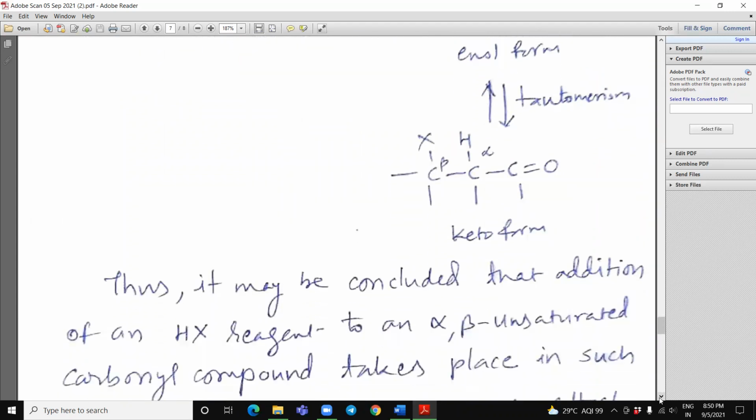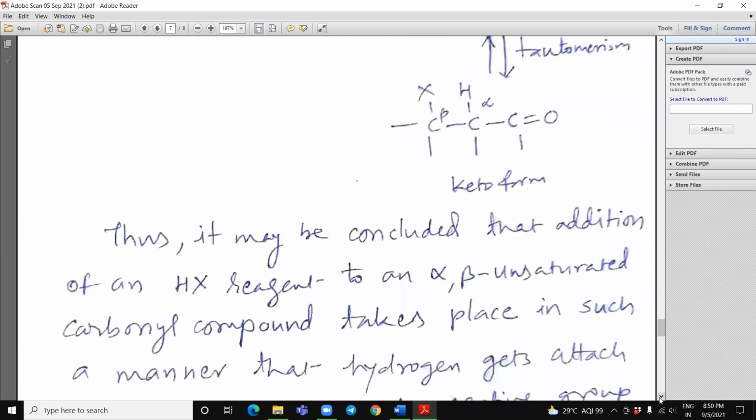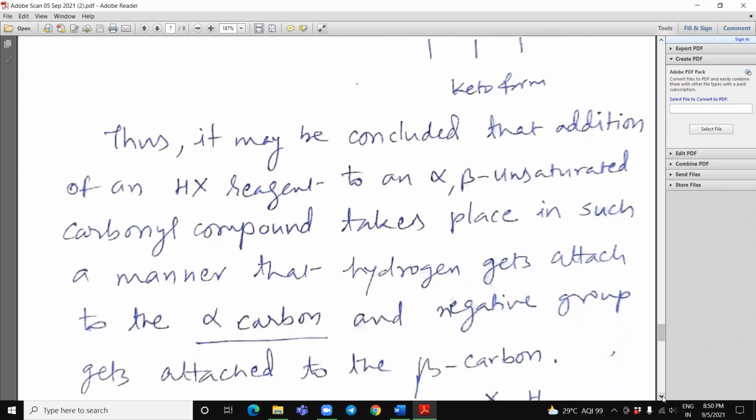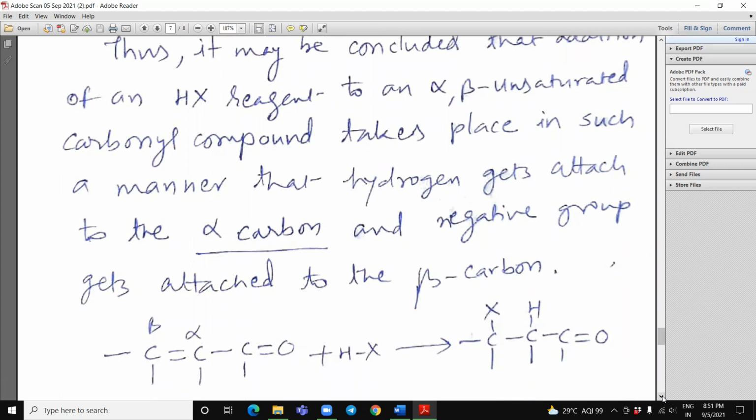Thus, it may be concluded that addition of an HX reagent, an unsymmetrical reagent, to an alpha beta unsaturated carbonyl compound takes place in such a manner that hydrogen gets attached to the alpha carbon and the negative part, which is a weak nucleophile group, gets attached to the beta carbon.